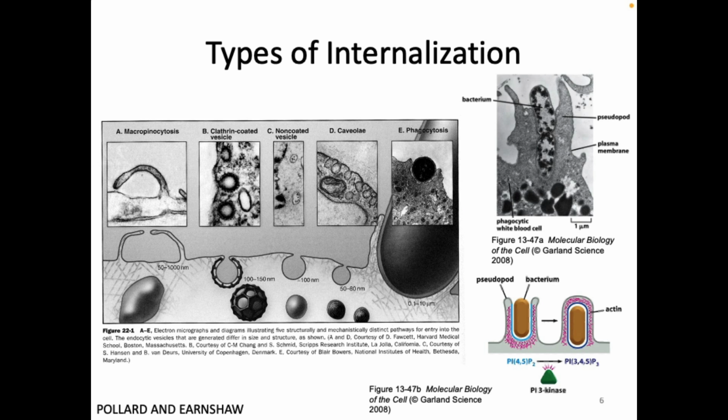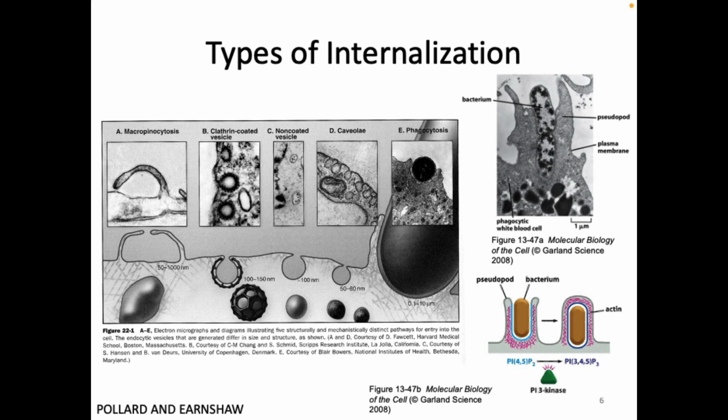So every cell of your body can do these other kinds of smaller internalization, but only 3 kinds of cells of your body can do phagocytosis. I want to tell you what those 3 cell types are, and then we're going to think a little bit about why this is an issue.